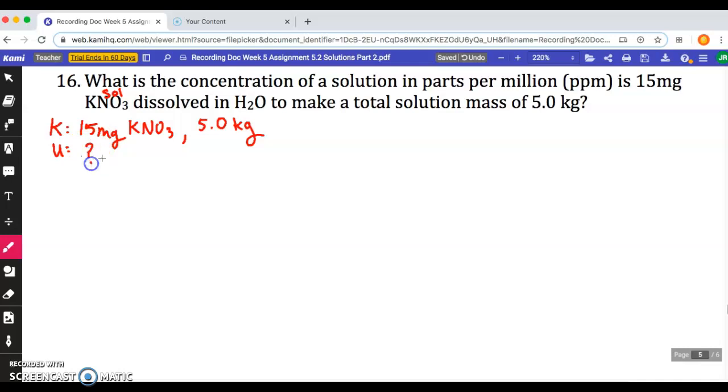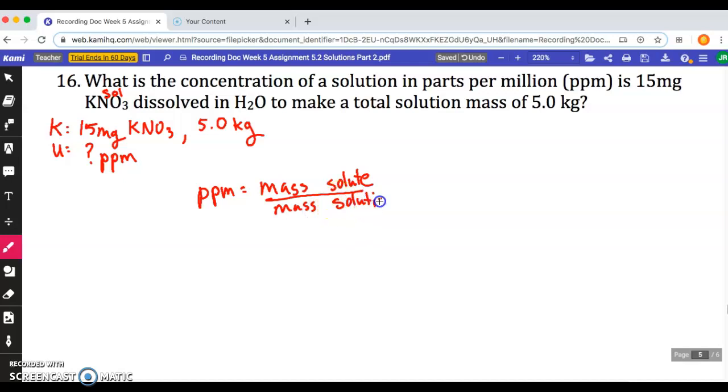We're trying to figure out the ppm. Okay, and let's do the formula. ppm equals the mass of the solute divided by the mass of the entire solution.